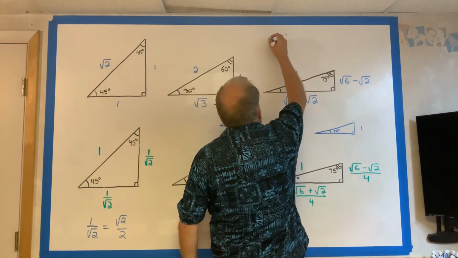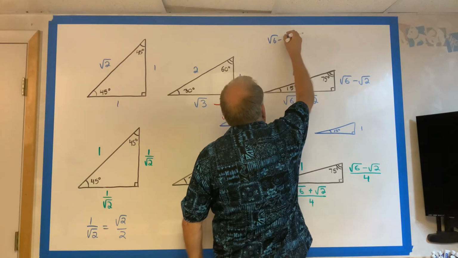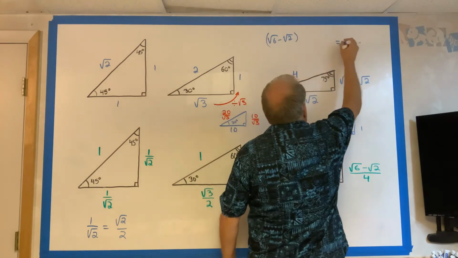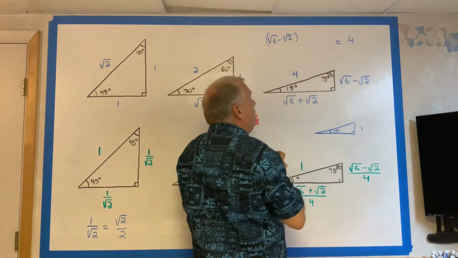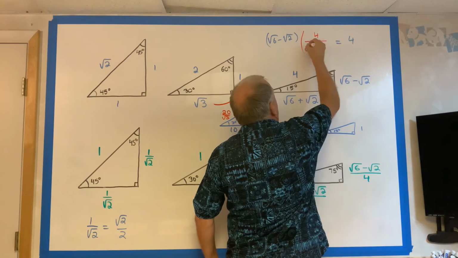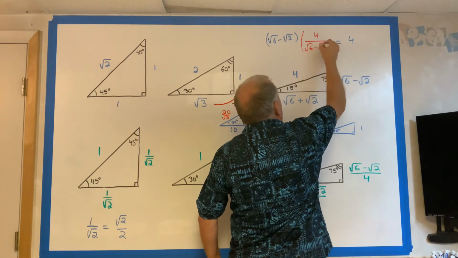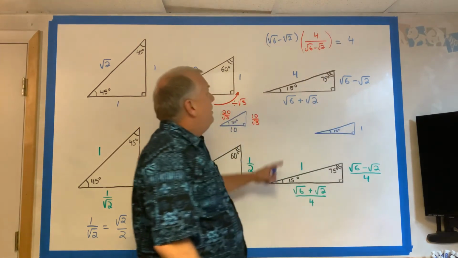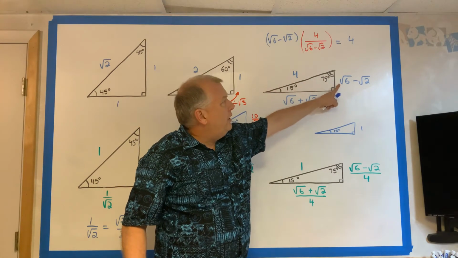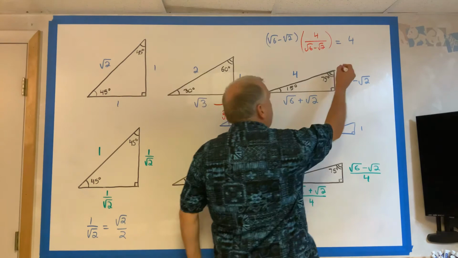Well, literally, if you want to turn root 6 minus root 2 into 4, you have to multiply by 4 over root 6 minus root 2. That's the instructions for changing the short leg into the hypotenuse.